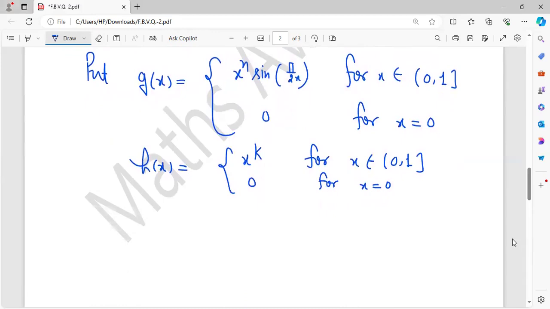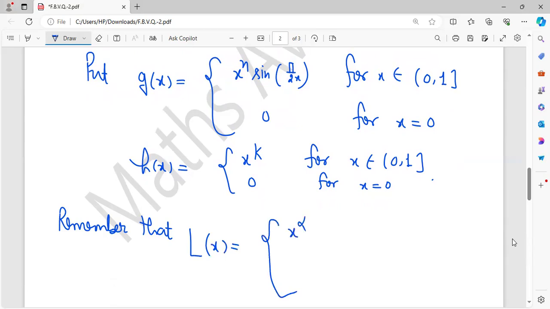Now we recall two results. Remember that you have a function L(x) equal to x^α sin(π/x^β) for x belonging to (0, 1], and 0 for x equal to 0.